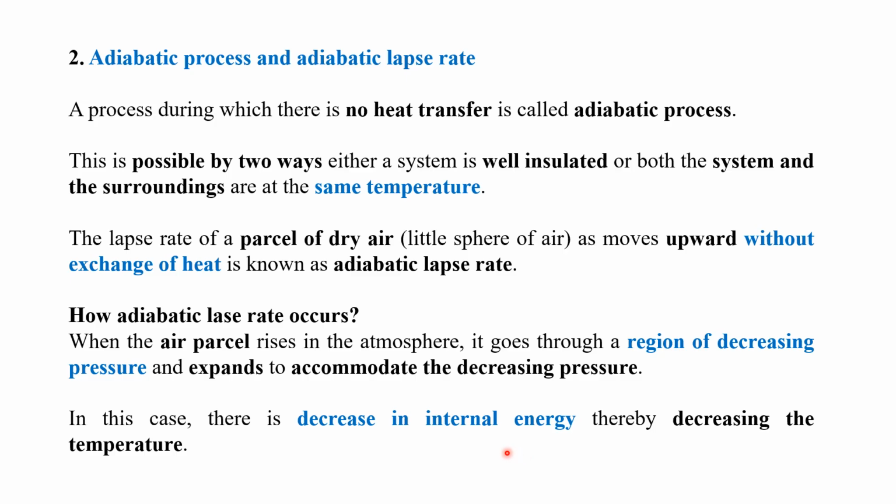It may be smoke also, such as smoke emitted through a chimney, and its temperature decreases. The decrease in internal energy in the air parcel is the reason for the decrease in temperature, which is due to the difference in pressure in the atmosphere. The pressure goes on decreasing with altitude.